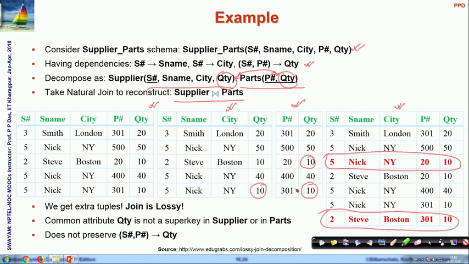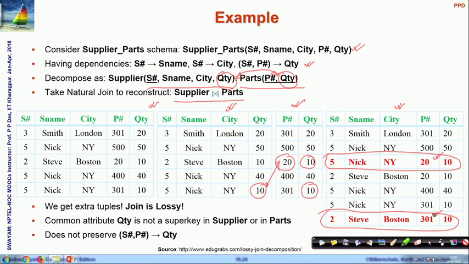So, the combination of this with this, where the product number is 20, is actually not present in the original instance of the relation, and that is what shows up here. A similar one exists here.